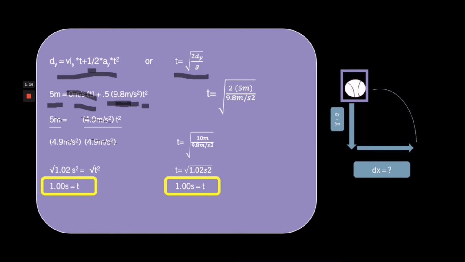Then you simply divide both sides by 4.9 meter per second squared, so we can cancel the value here. So t squared is equal to 1.02 seconds squared, and then you take the square root of both sides, and you will come up to the answer, which is time is equal to 1 second.